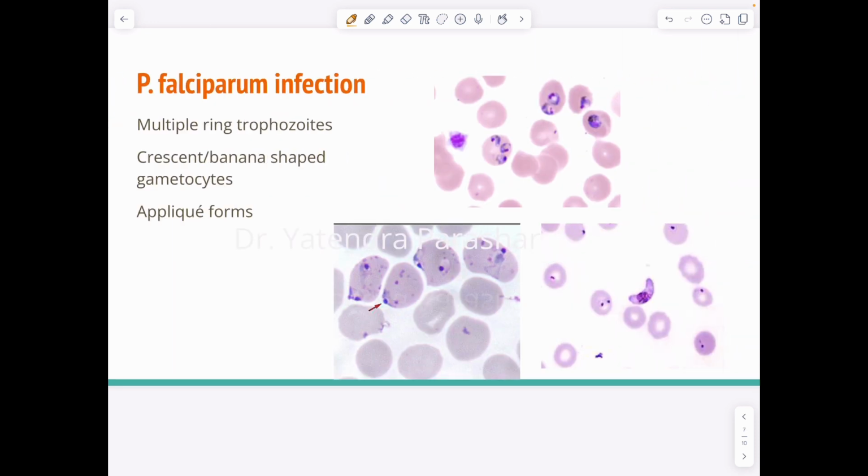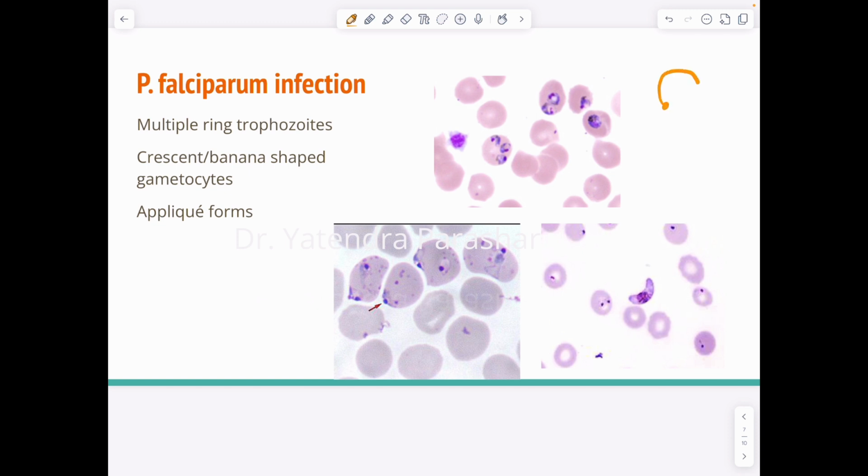Now come to the other inclusions like Plasmodium falciparum infection. Plasmodium falciparum is typically seen as multiple delicate ring forms, which are known as trophozoites, within a single red blood cell, often with double chromatin dots.